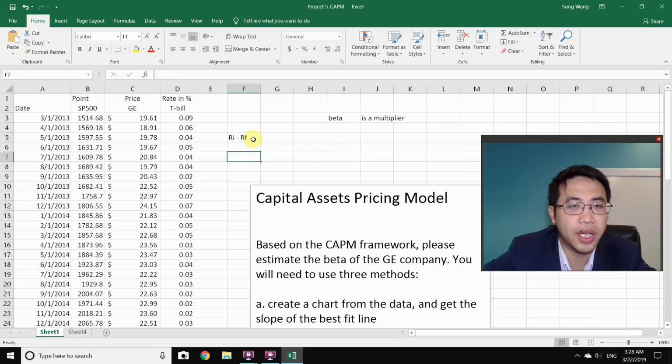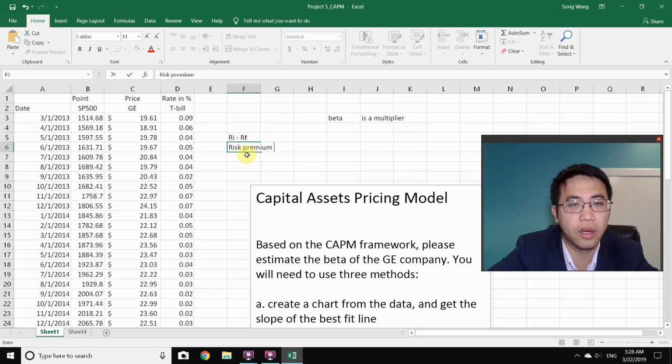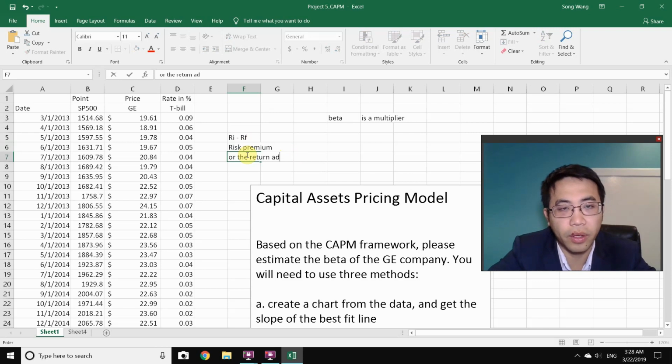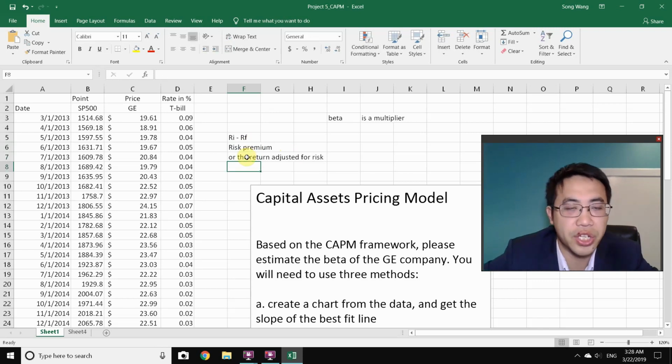Why do I need to take off this RF? Because this is a rate everybody would get. So if I take off RF, then the rest of it I would call the risk premium, or the return adjusted for risk. So the risk premium is actually a return adjusted for risk.